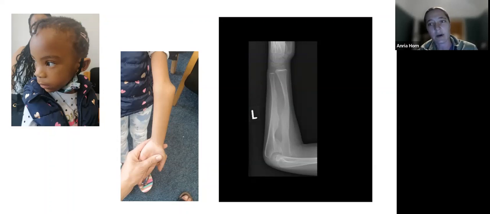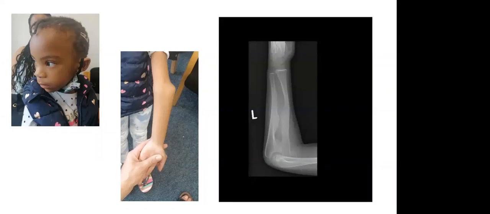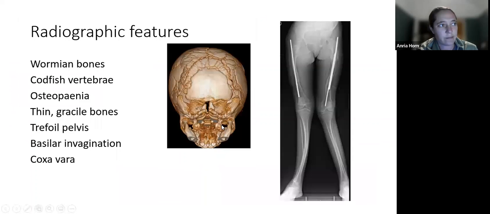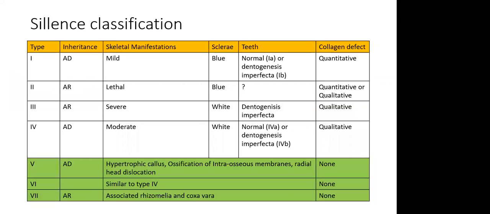And we've just spoken about osteogenesis imperfecta. Yeah. So it probably is osteogenesis imperfecta. Which type? So it would probably be type... So she's got blue sclera, so it's either type 1 or type 2, and I think type 2 is lethal, so it's probably type 1 osteogenesis imperfecta.